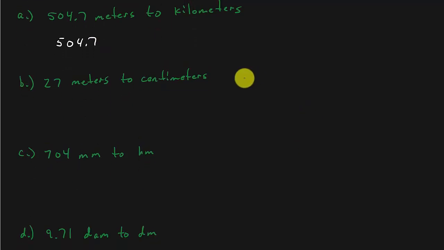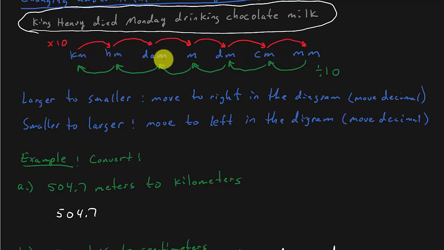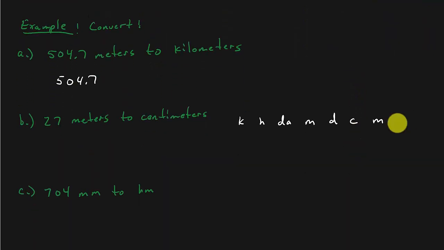How about we do this? Let's write down kilometer, hectometer, decameter, meter, decimeter, centimeter, millimeter. Now I know I wrote it down again. I just didn't put the M behind each one, just to save space because I'd run out of room.